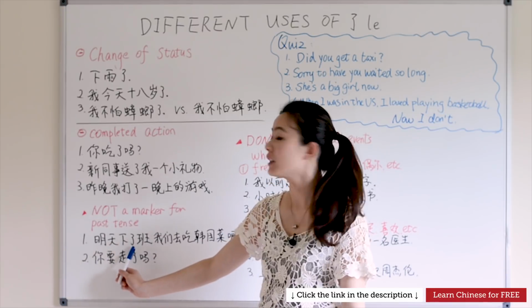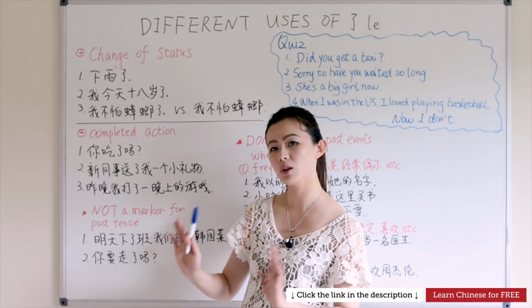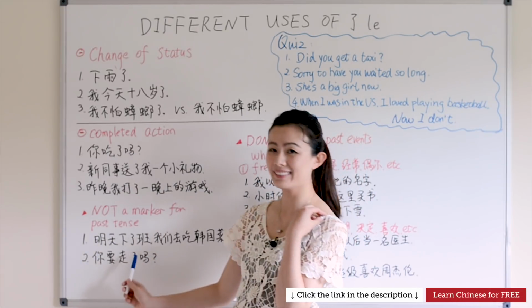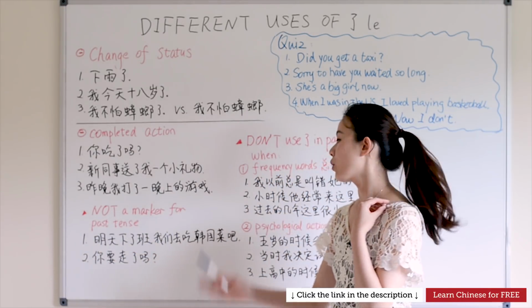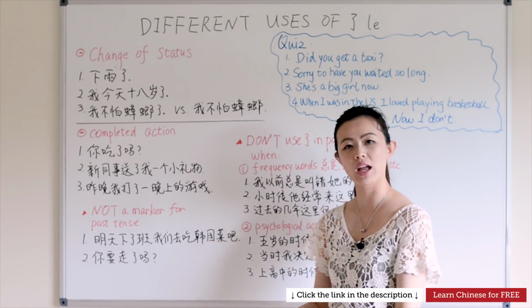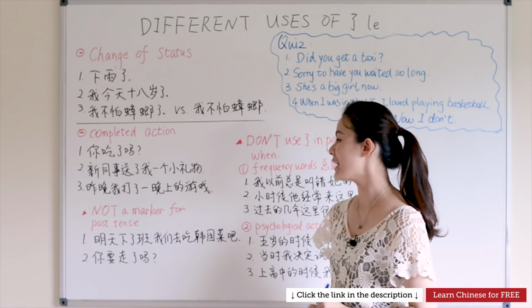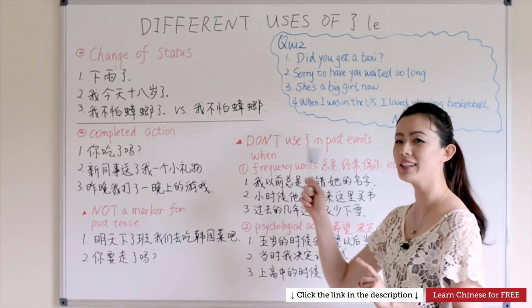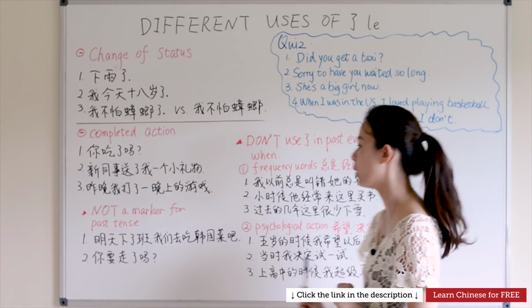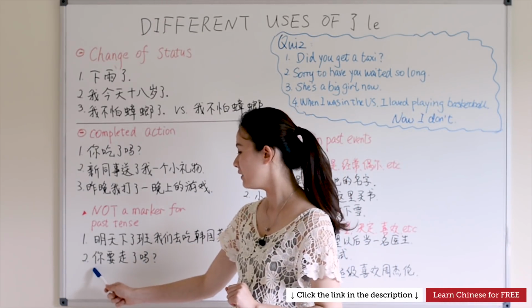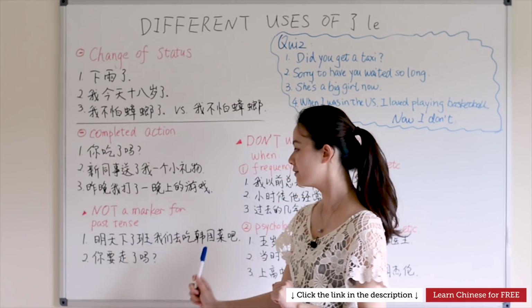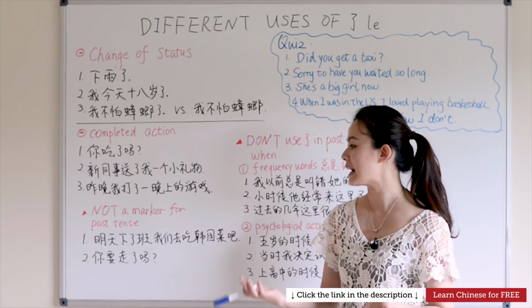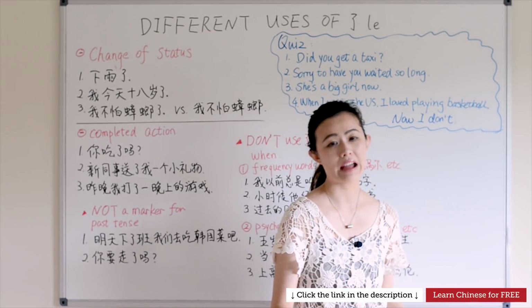You see, there's a 了 here, but it's not talking about yesterday or the past. We're talking about 明天, tomorrow. So after we get off work tomorrow, let's go have Korean food. 明天下了班，我们去吃韩国菜吧。Okay, 这是第一个例子, that was the first example. 第二个, the second one. 你要走了吗？It can be translated as are you going to leave now?